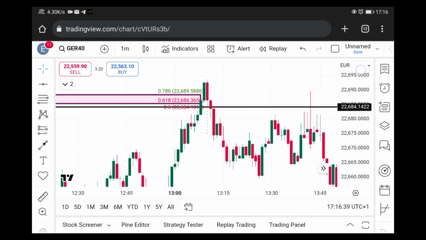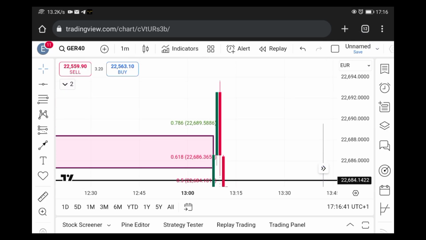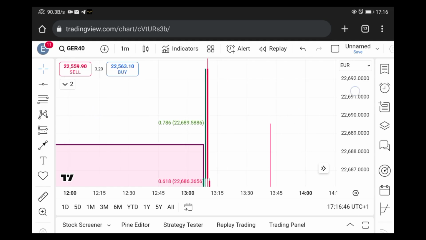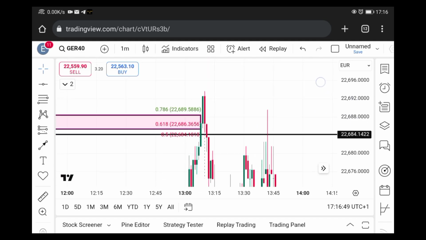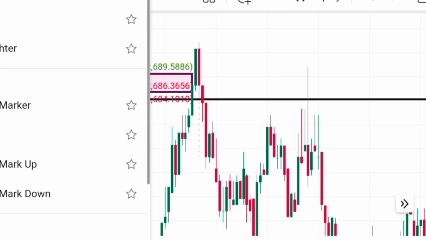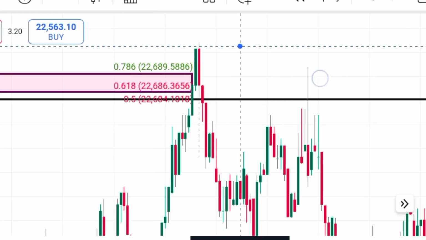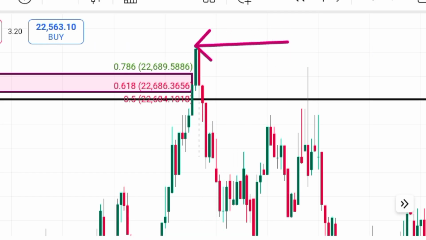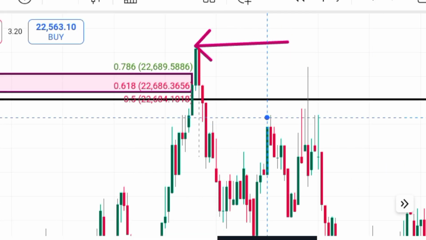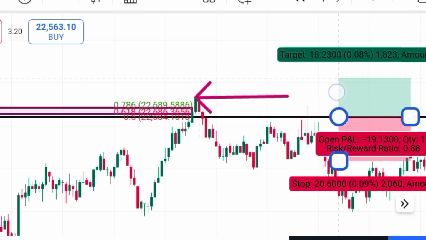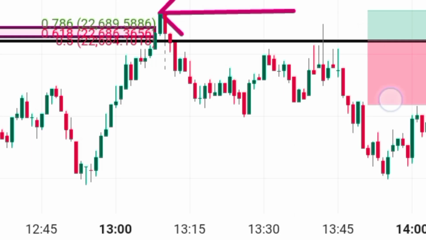Our stop loss has to come above the 0.786 retracement level, or the main high right here. So we place our trade like this. Our stop loss goes above that high right there.